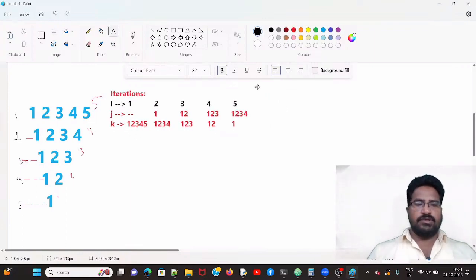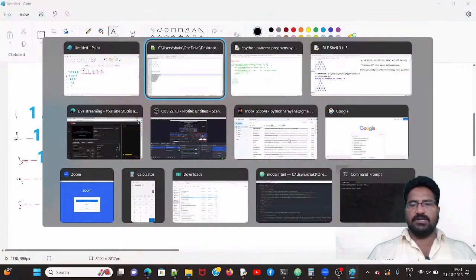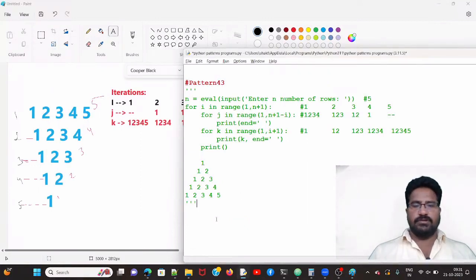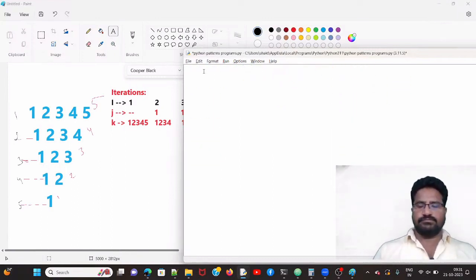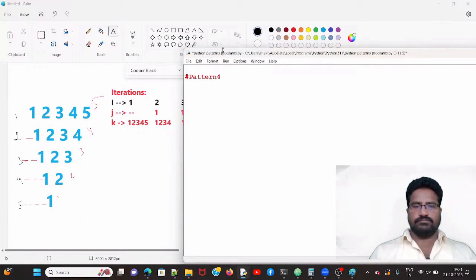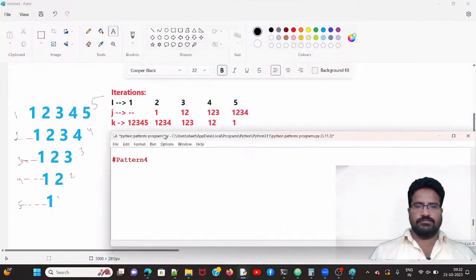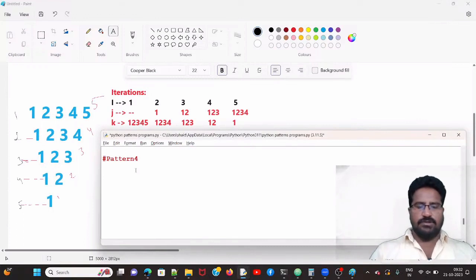So let's go for a new program for this one. Pattern 44. Input: enter n number of rows.